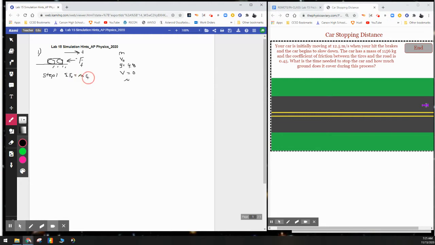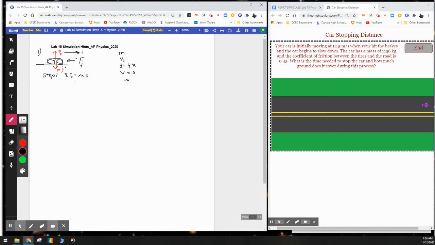We should also note on the free body diagram that there is a normal force acting in this direction, and we also have the force of gravity, mg, acting downward. These are always here, but we're concerned with the x direction, but the normal force will play a role in this problem.